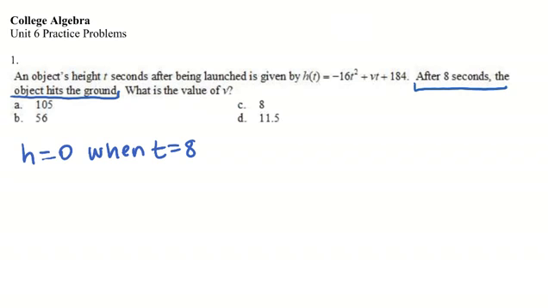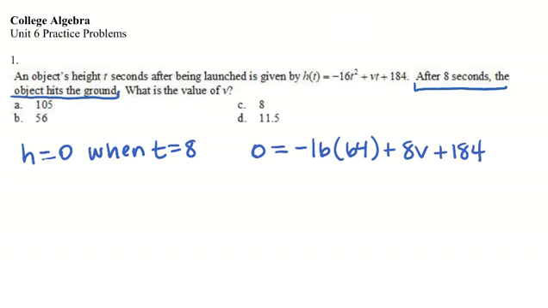So I'm going to say that 0 equals negative 16 times 8 squared, which is 64. Okay, so this is definitely a question for the calculator. Plus v times t will be, since t is 8, 8v plus 184.